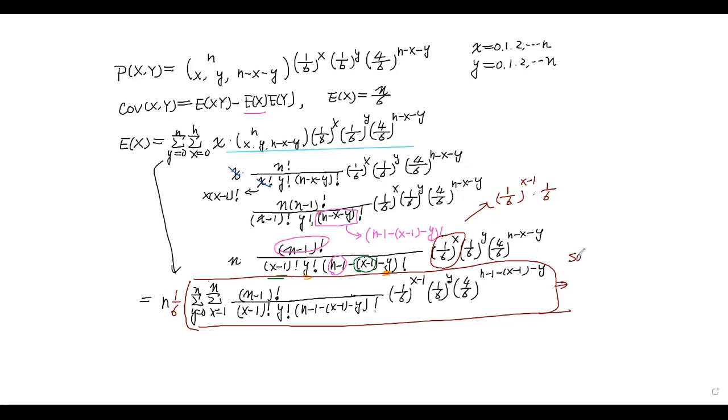Sums up to 1, because when you add all the probabilities for all the numbers in the domain, it sums up to 1. So this is a multinomial distribution with n minus 1, where x is x minus 1 and the y's here.